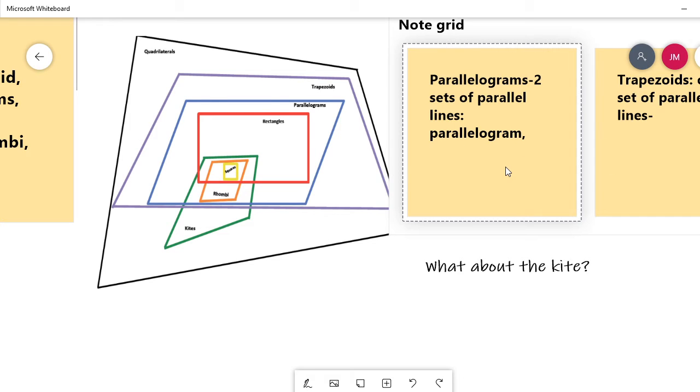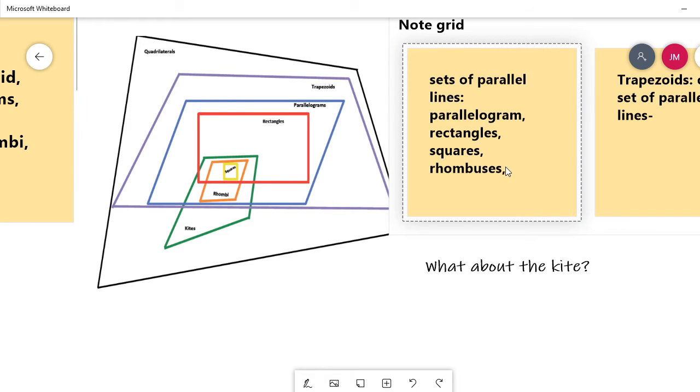So a rectangle can be a parallelogram. Squares can be parallelograms. Rhombuses can be parallelograms as well. And can a kite be a parallelogram? I don't think it can be, because it doesn't have two sets of parallel lines. This is why it's sticking out of that box of the parallelograms.